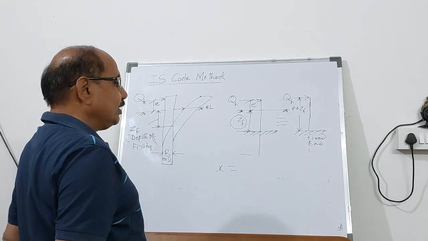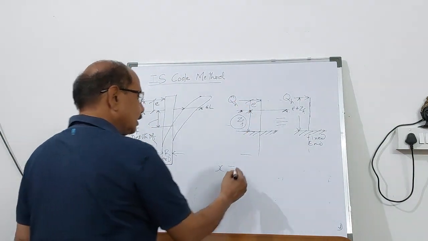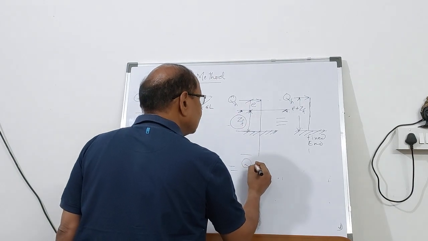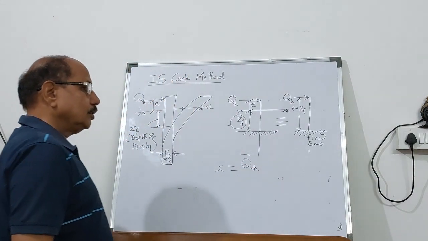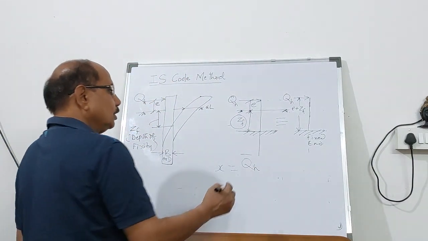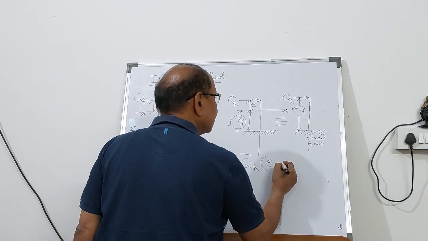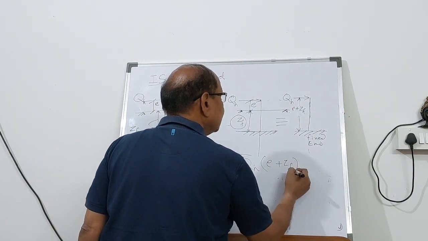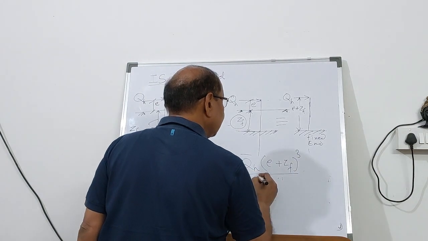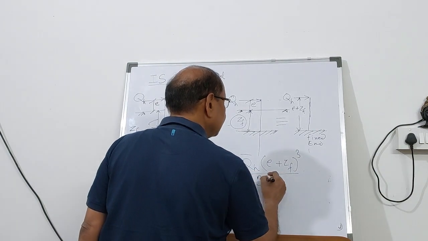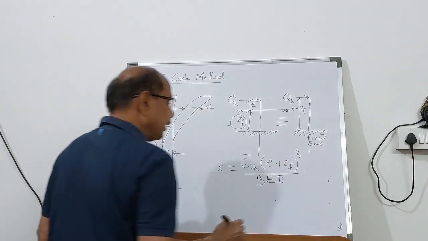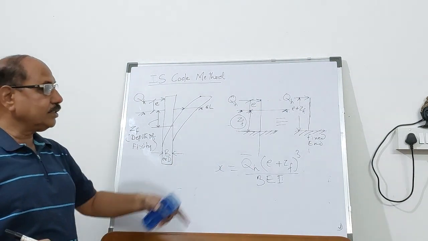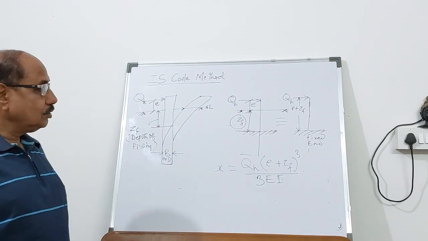If it is a cantilever, you know that the deflection is QH into (E plus ZF) cube divided by 3 EI of the pile. So this will give you the deflection of a free-headed pile.